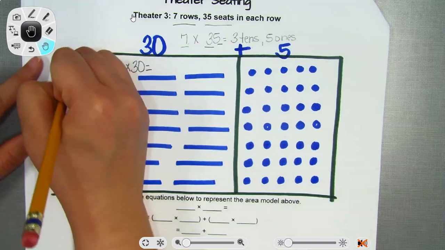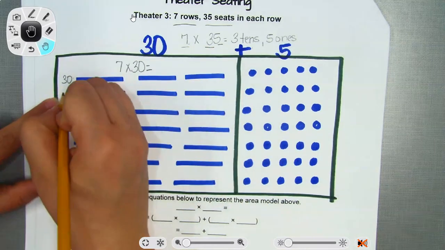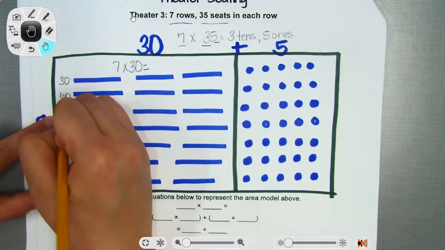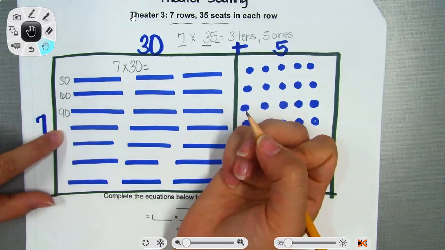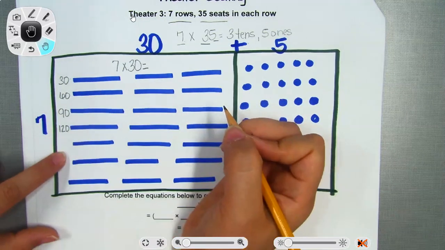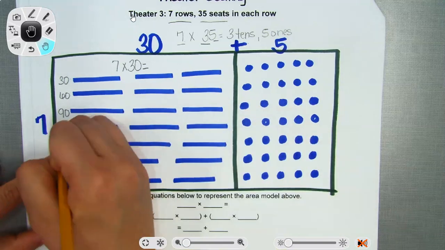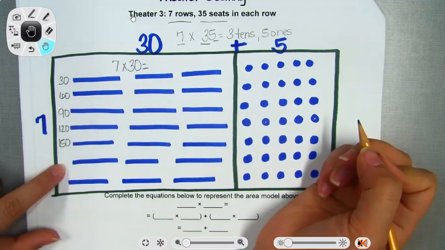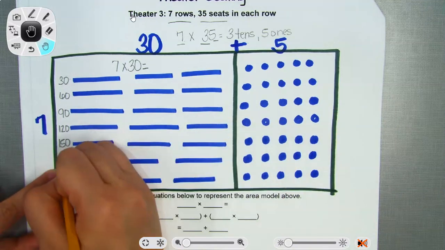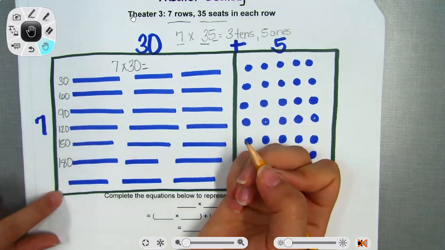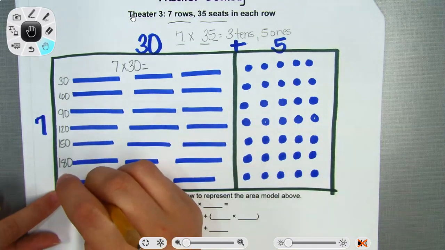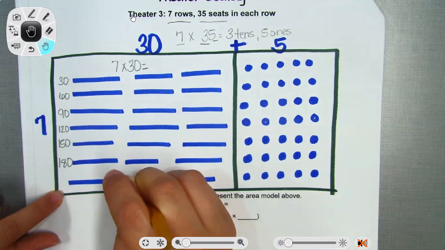So 30 plus another 30 would give me 60. Plus another 30 would give me 90. Plus another 30 would give me 120. Plus another 30 would give me 150. Plus another 30 would give me 180. Plus another 30, 190, 200, 210.